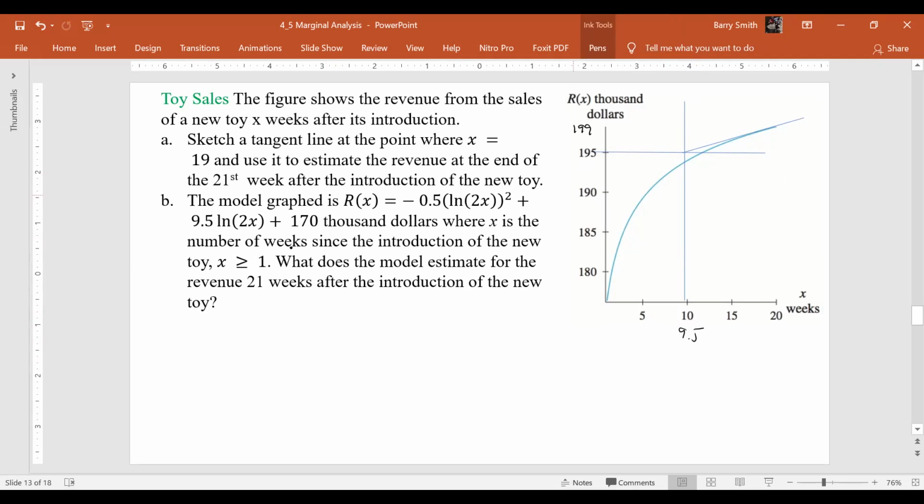So our slope of that line is going to be, we had 199 here, to here was 195. It's pretty close to 195 anyway, so we'll call that a 4 for our rise.